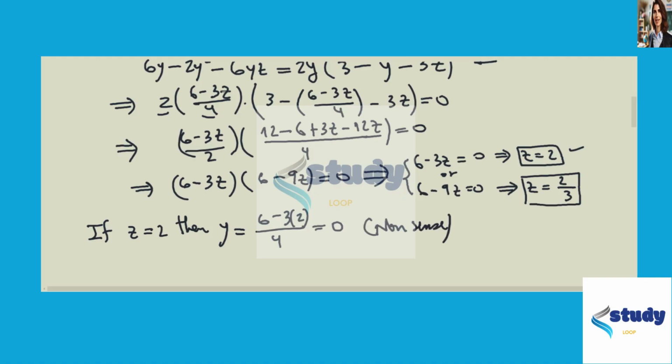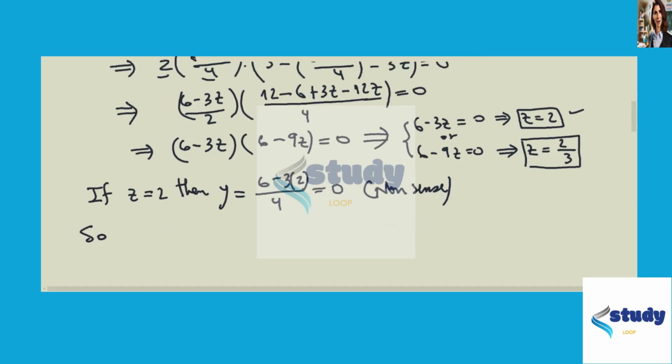And this has no sense because we said already that none of the variables x, y, z can be 0. So the only critical point to consider is z equals 2 over 3.